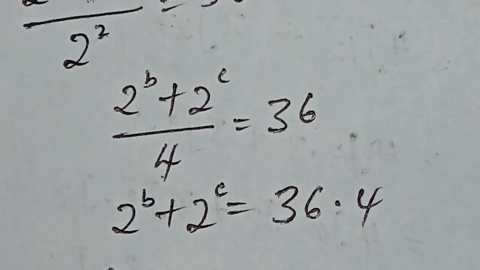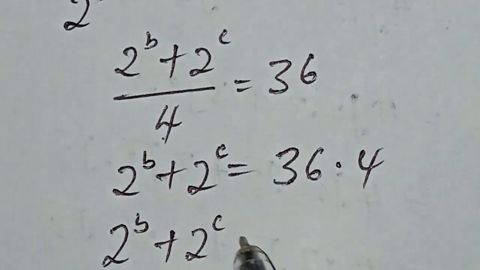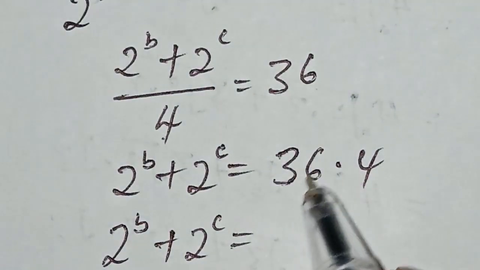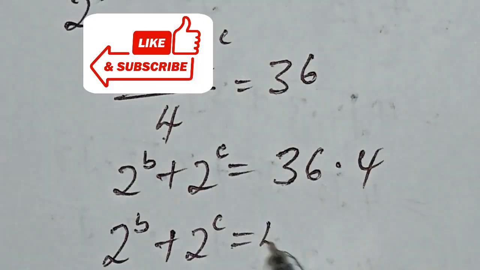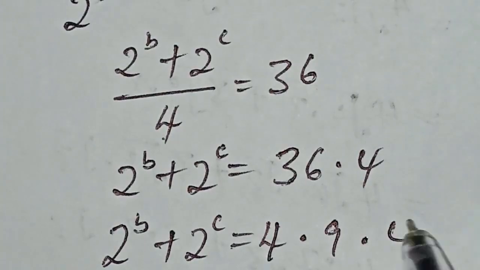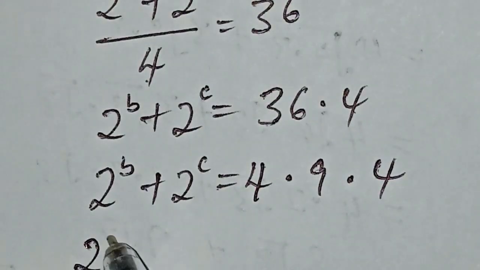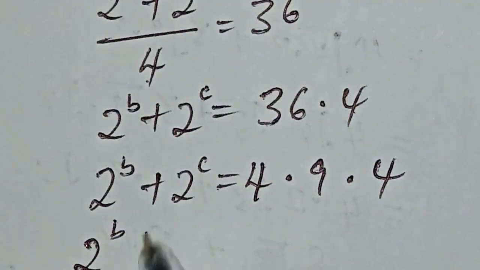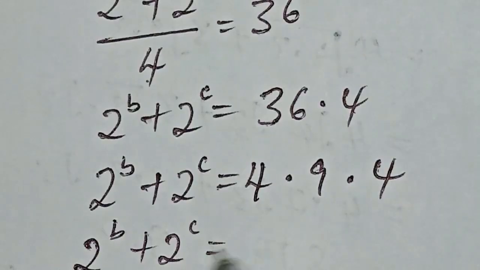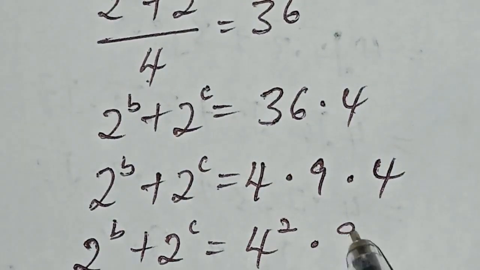So this is given as 2 to the power of b plus 2 to the power of c equal to, we can simplify this 36 as 4 multiplied by 9, then multiplied by 4, which is this 4. So here this can be written as 2 to the power of b plus 2 to the power of c equal to 4 to the power of 2 multiplied by 9.